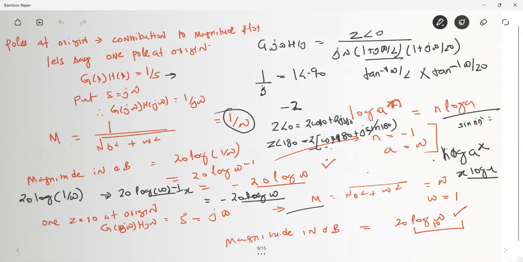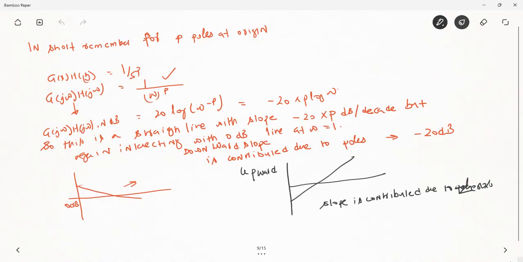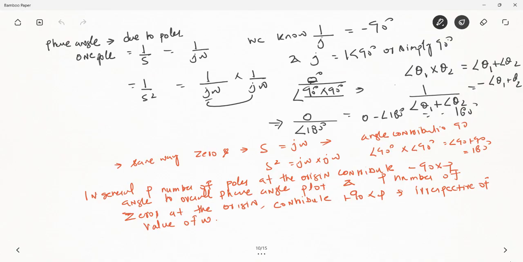Okay, now let's move to the zeros. This is the same thing I have explained, 1 by s by omega p. If you have p number of poles, the contribution would be minus 20 into p. And if you have zeros, the numerator part, in that scenario your contribution would be 20 into p, because zeros are s, right?